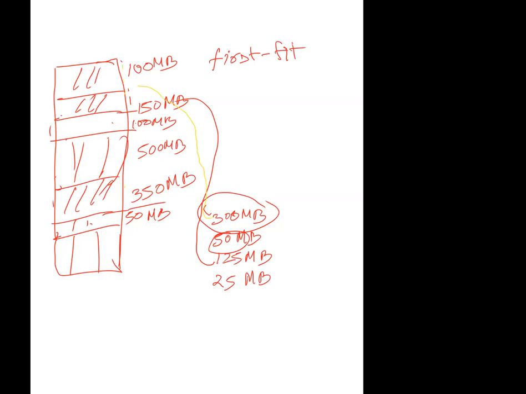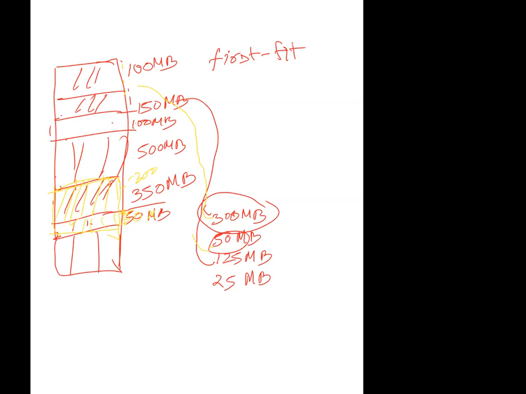Here it will find the 350 MB hole, and it will fit the 300 MB process in here, and 50 MB is leftover space. Then the 50 MB process will come. It never starts from the beginning. As you know, next fit will start from where it left off, and it will find this 50 MB here. So it will fit the 50 MB in here.